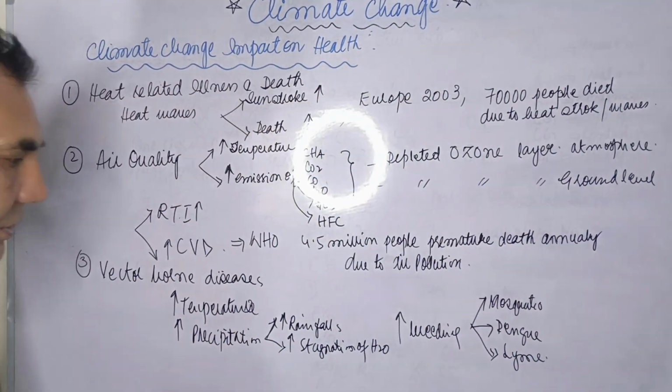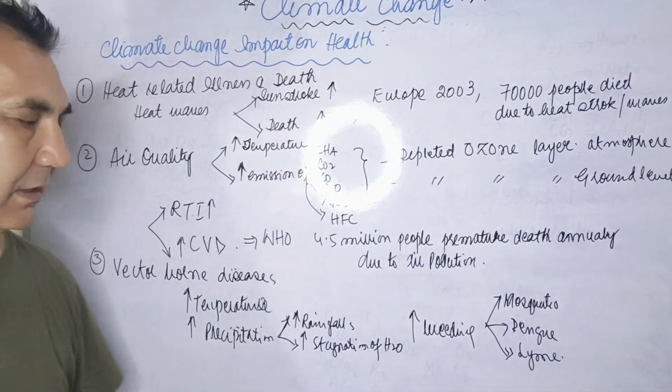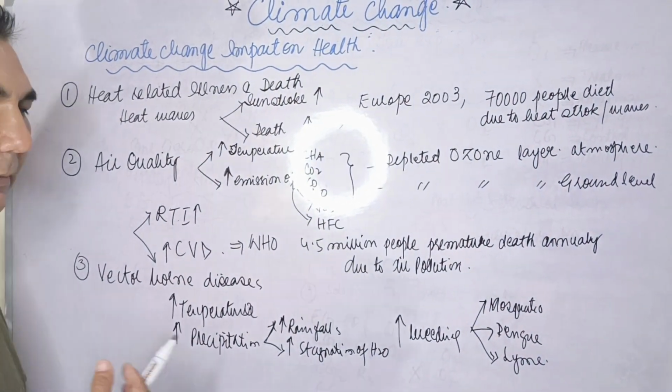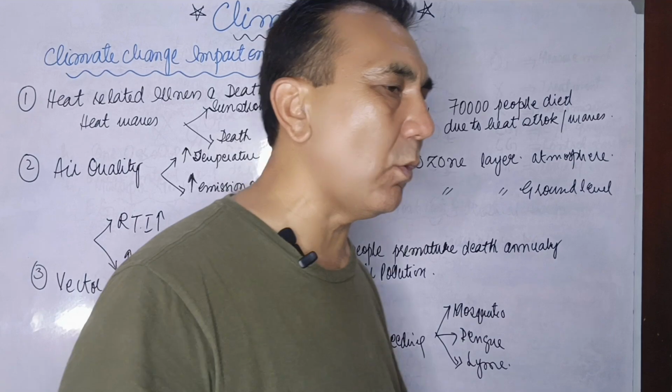So vector-borne diseases will increase when the temperature and the precipitation increase in the environment.